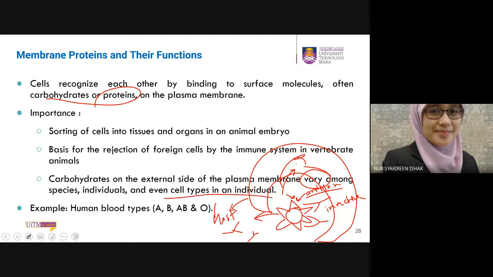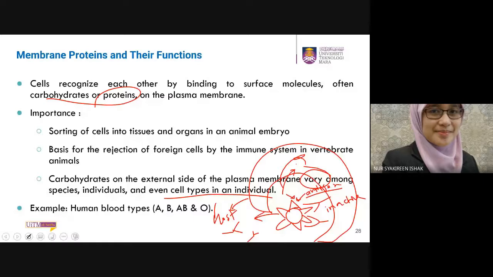So contohnya, that's why kalau macam nak pindah organ, nak buat organ donation, kena check darah semua supaya orang yang darah sama je boleh derma contohnya lah, ataupun the antigen on the surface of the cell of the donor is the same as the recipient, so that the recipient body will not reject the organ that is being donated tu.